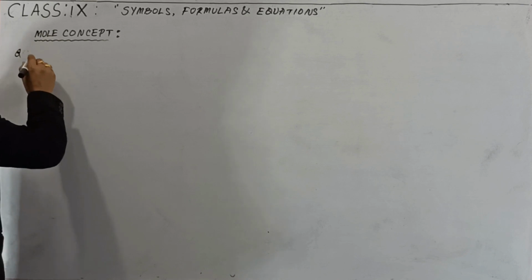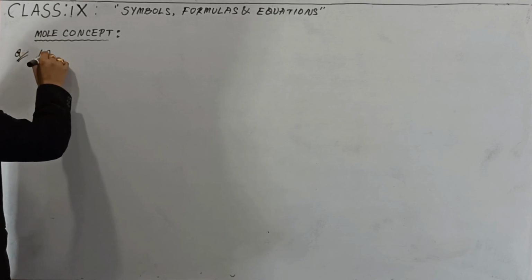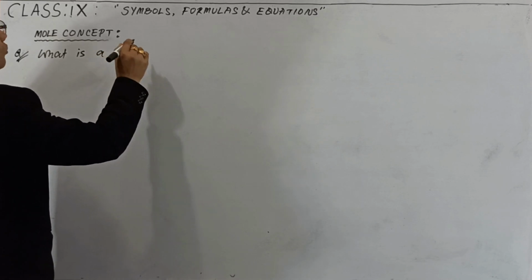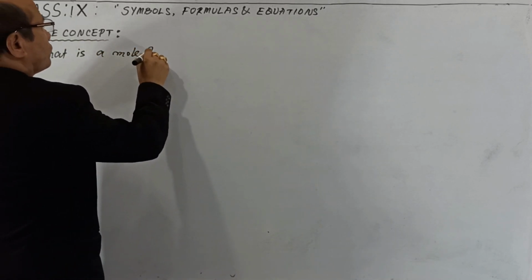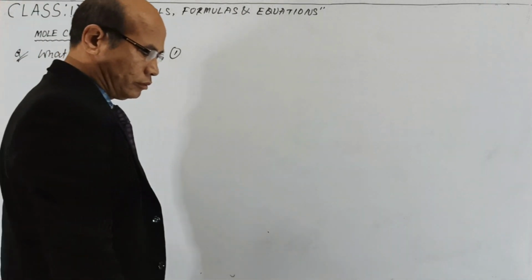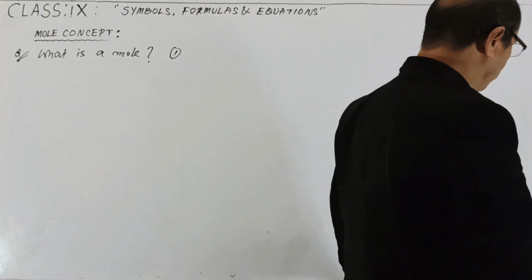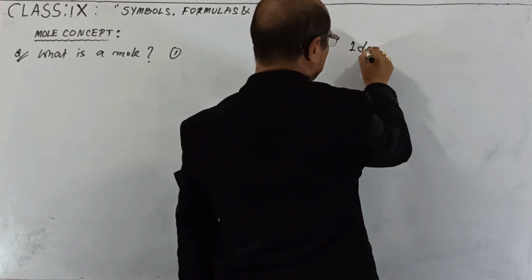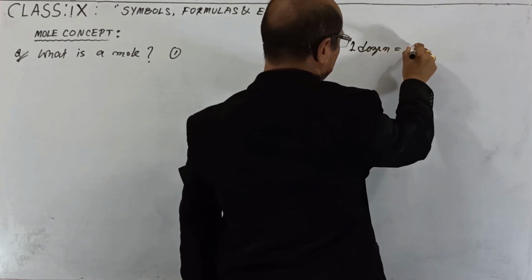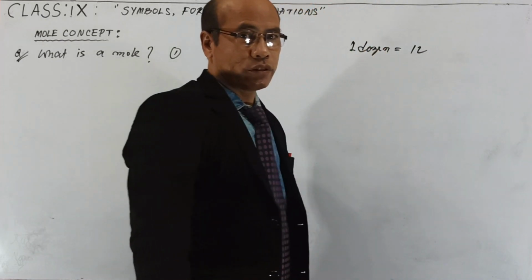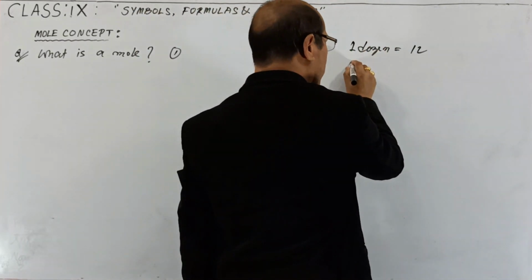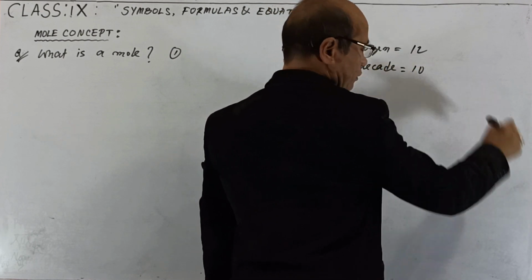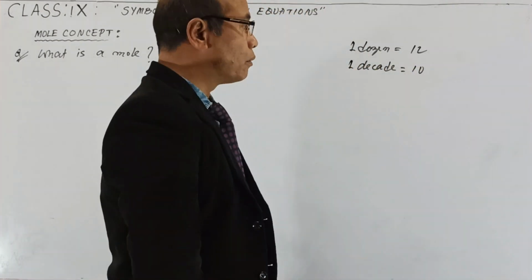This also let us discuss along with question. What is a mole? Like this. When we say 1 dozen, it means the number 12. And when I say 1 decade, it represents the number 10.